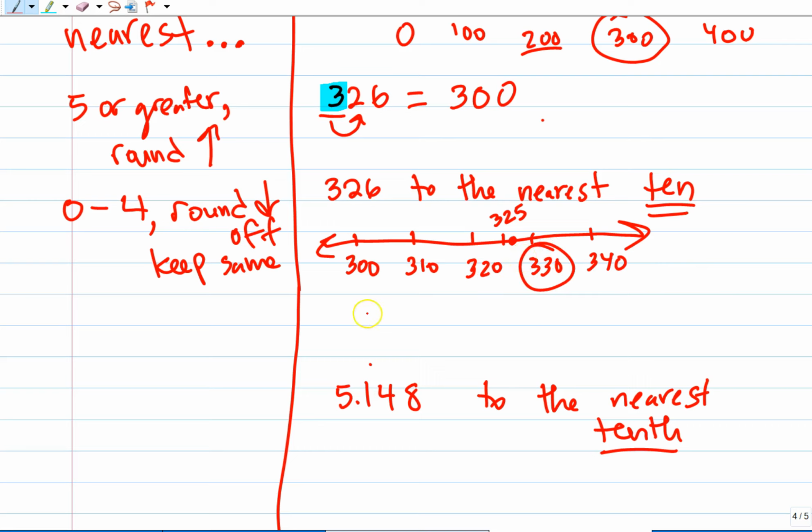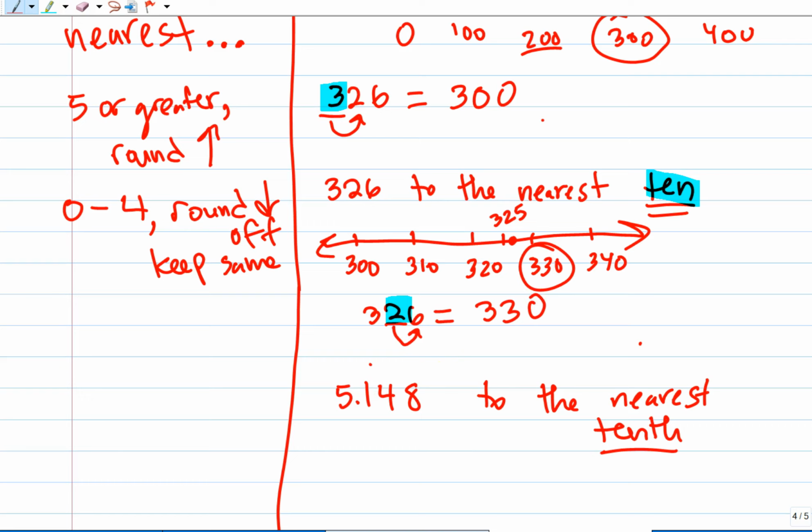Mathematically, how do we use that rule again? I take the 326. They said the nearest 10, so I underline the tens this time. The number after that tells me what to do with the 2. Well, it's 5 or greater, which means I'm going to round up. That 2, as I go up, rounds up to a 3. Notice still what happens after that when we round up.